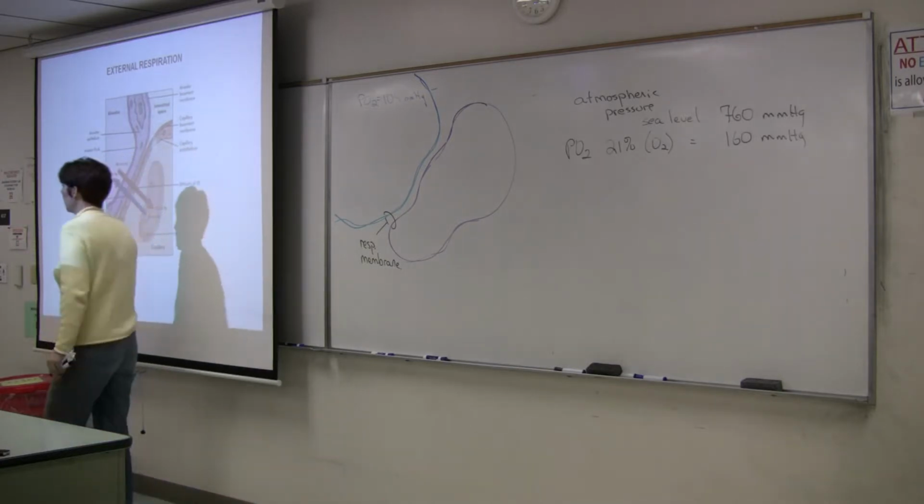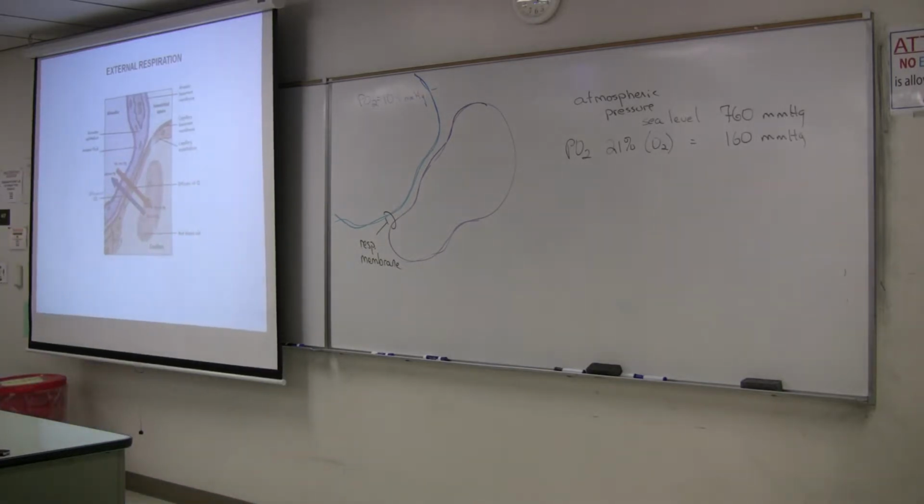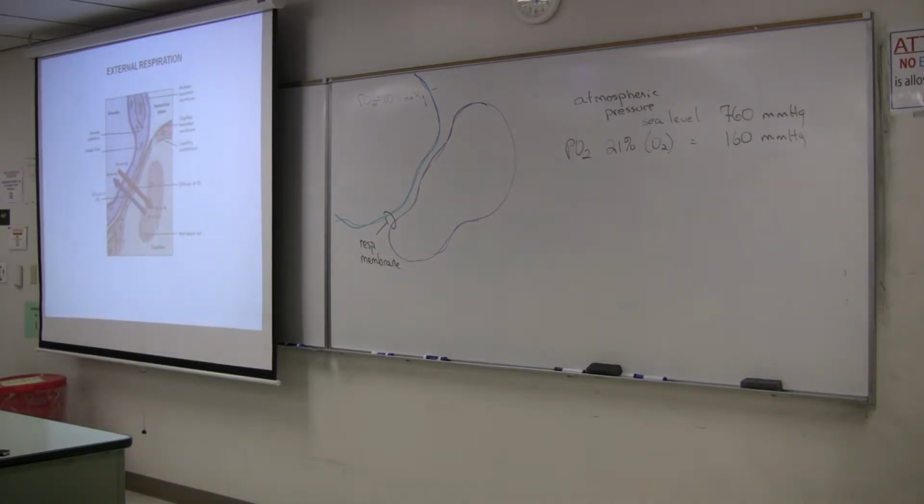Now I think I have these numbers flipped around. So on page 54, where it says external respiration, partial pressure, the alveolar oxygen partial pressure should be 104, and the venous oxygen pressure should be 40. So those two numbers on page 54 are flipped.